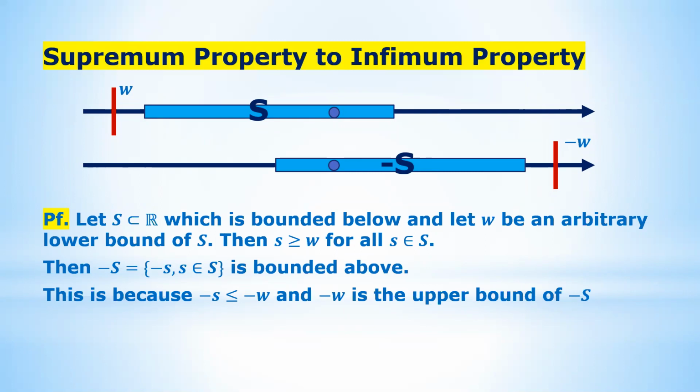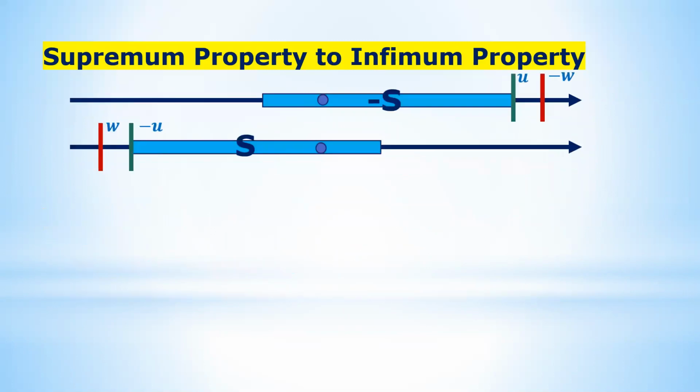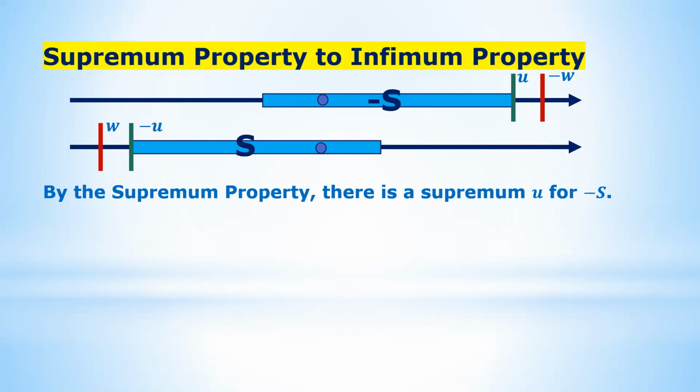And now you begin to use the supremum property on minus S. So by the supremum property, there is a supremum u for minus S. What does it mean? This means that minus s is less than or equal to u for any s in S. And also, u is less than or equal to minus w.